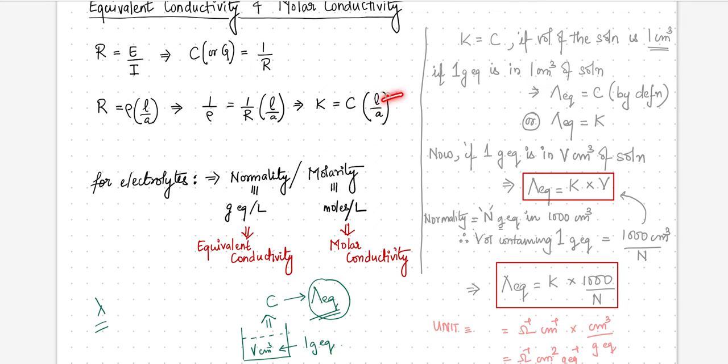That means L is 1 centimeter and A is 1 centimeter square, so the total volume becomes 1 centimeter cube.